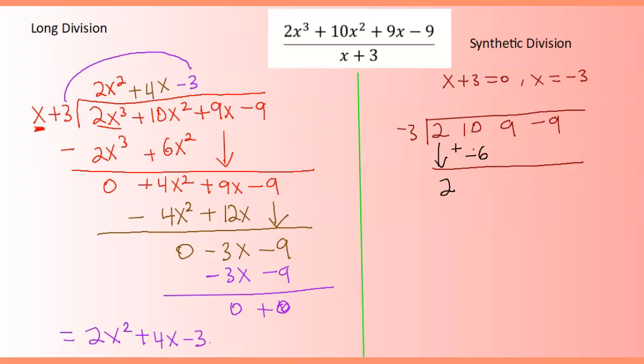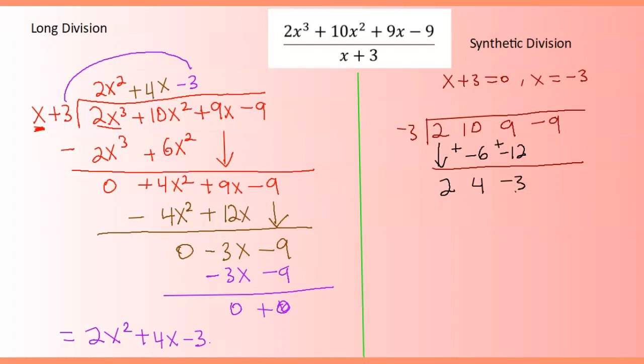You add 10 plus negative 6 will give you 4. You repeat the procedure again, you multiply, you get negative 12, you put it here. So negative 12, you add, and you get negative 3.